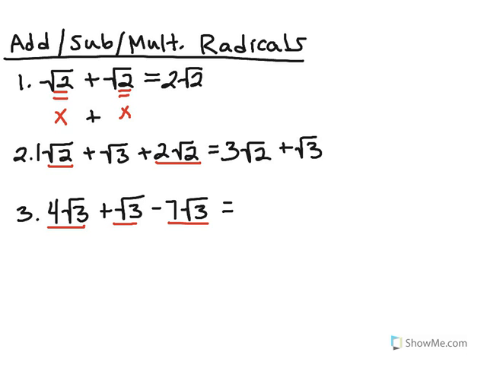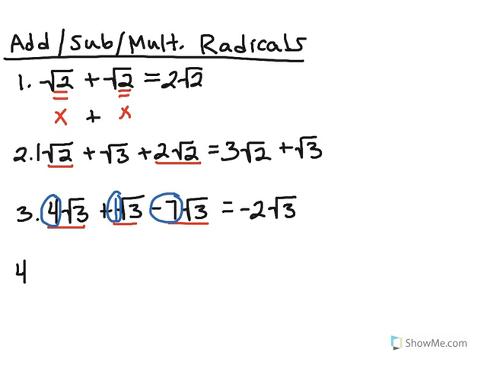So I'm going to be able to break this down to one radical in the end, which has to do with the square root of 3. Let's focus on the coefficients here. I have positive 4 and positive 1, and then I'm taking away 7. So 4 and 1 is 5, minus 7 is negative 2. So that's how addition and subtraction works.